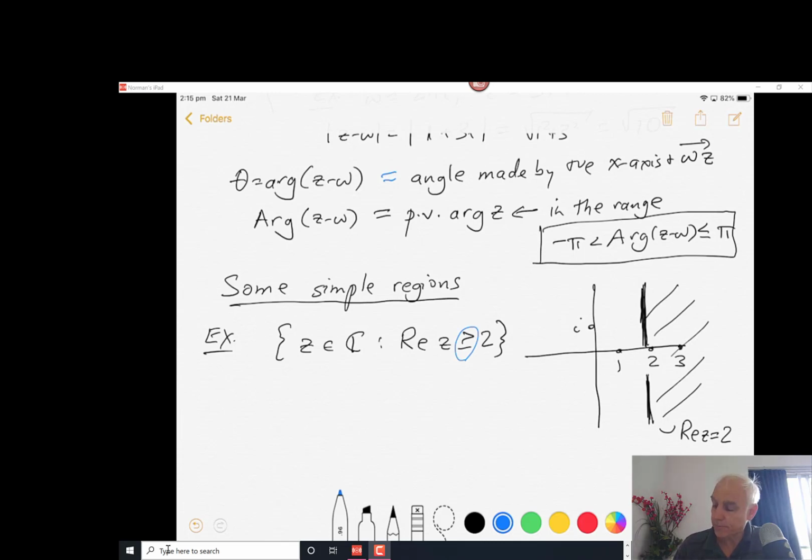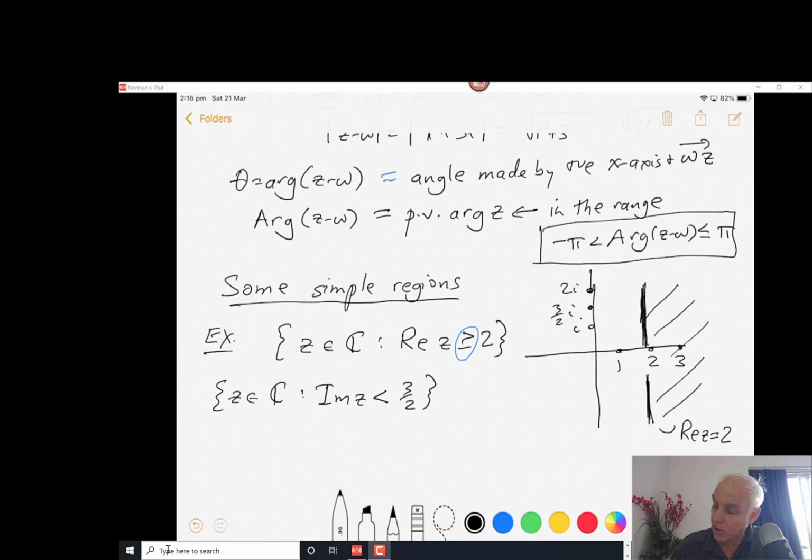As another example, say the set of z in C such that the imaginary part of z is less than 3/2. What would that look like? I'll draw it on the same picture. Here's i, here's 2i, and somewhere in between would be 3/2 i. We're talking about those complex numbers whose y-coordinate is less than 3/2.